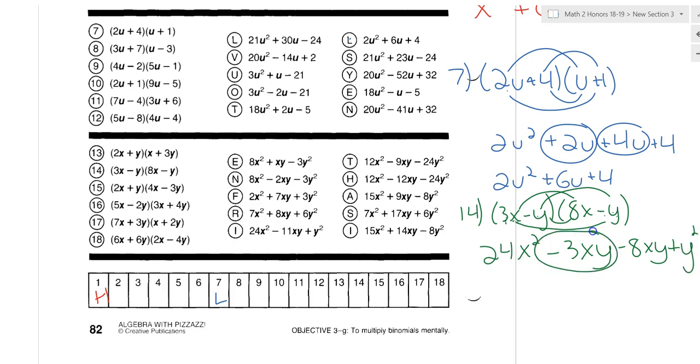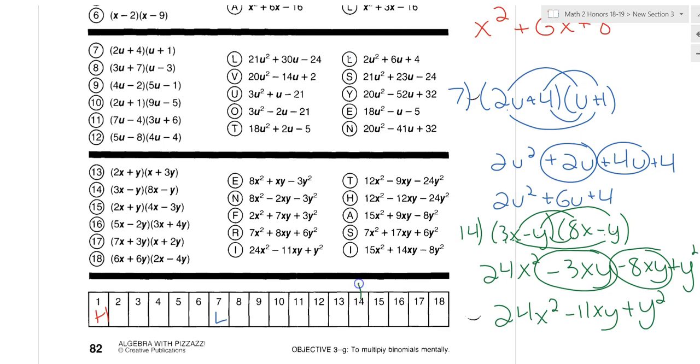Okay? And then these are like terms. So you get 24x squared minus 11xy plus y squared. So that's number 14, it is an I.